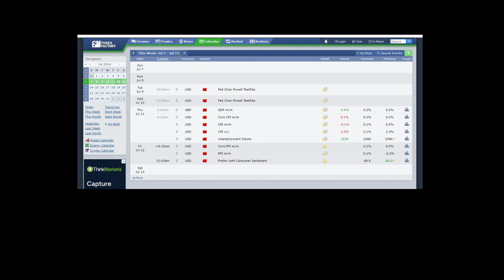And then we also have consumer prelim UMich consumer sentiment at 10 a.m. So with that news in mind, I would not be looking to take an entry or a position if one presents until after 10 a.m. I always do let news play out before seeking an entry.